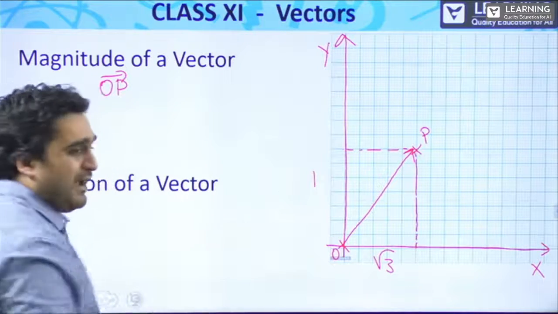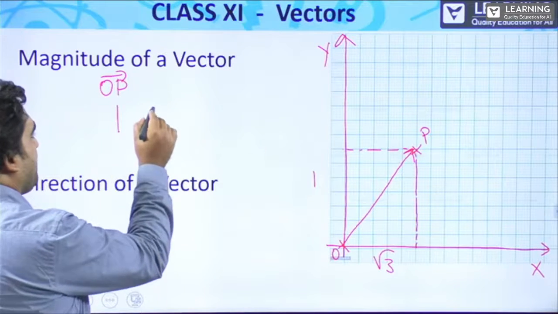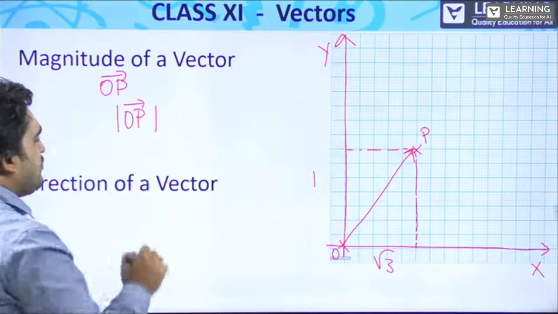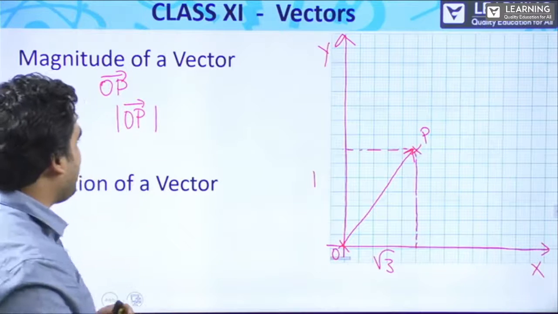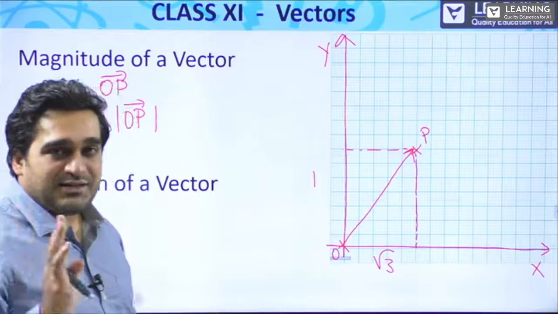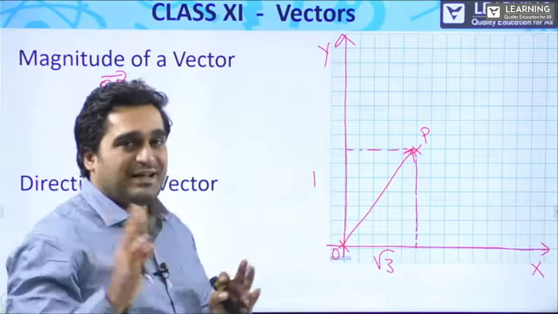to find its magnitude, is first of all represented by these 2 bars, which you might have also learned as modulus in mathematics. Why do you use a modulus? To eliminate some of the signs such as positive and negative. But in this case, we eliminate the direction.